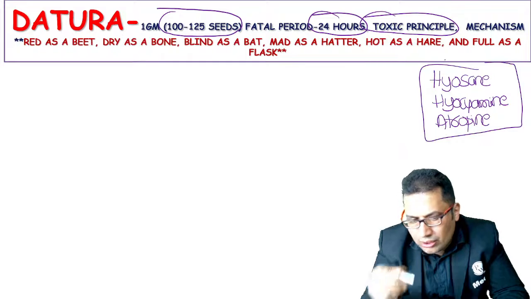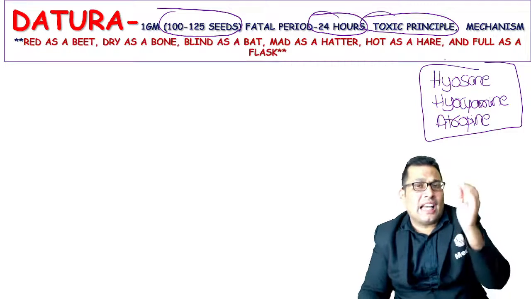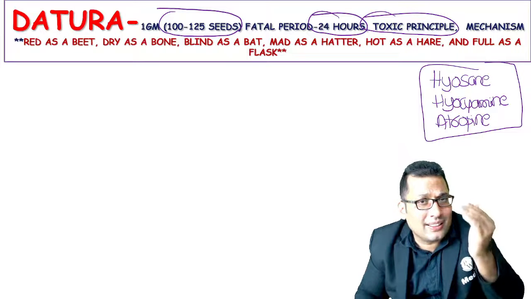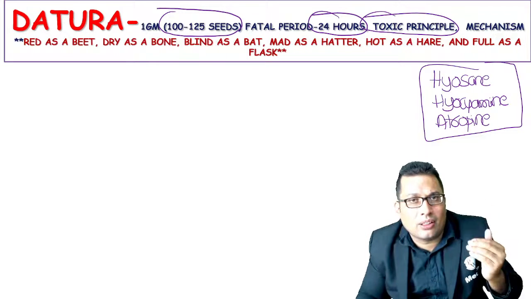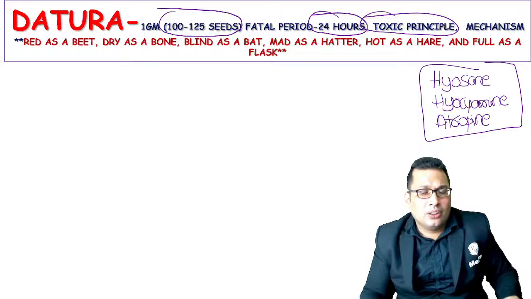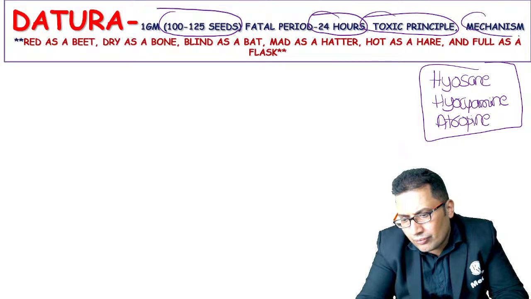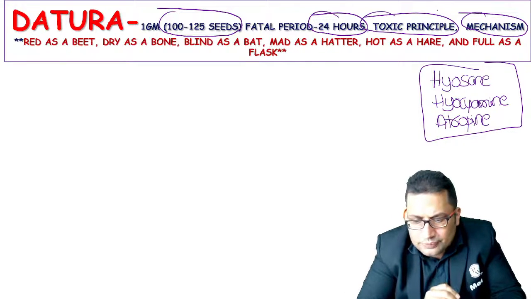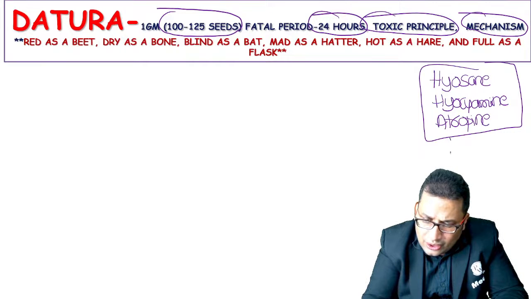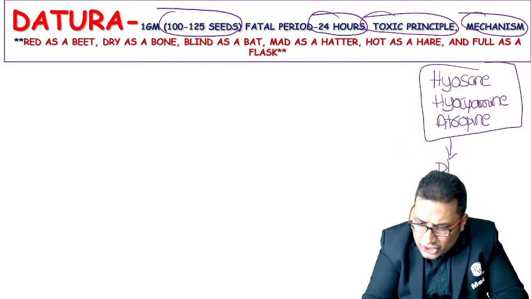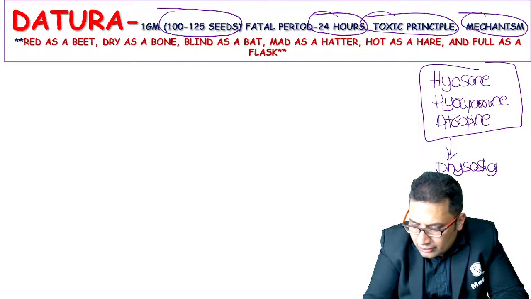So in case of datura poison, there will be signs and symptoms resembling atropine poisoning. The mechanism is similar to atropine poison. What is the drug of choice? The drug of choice is physostigmine.